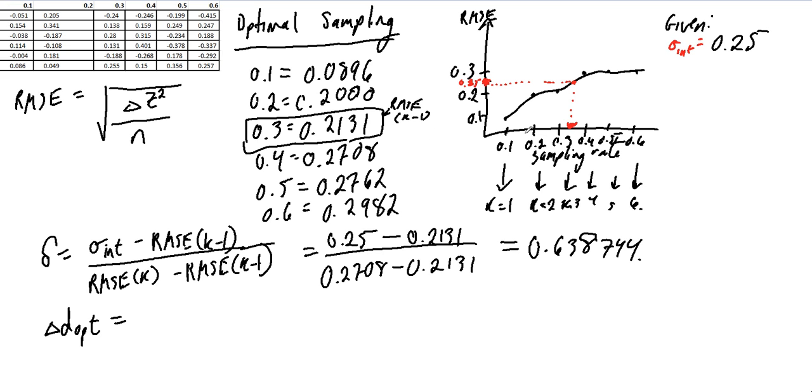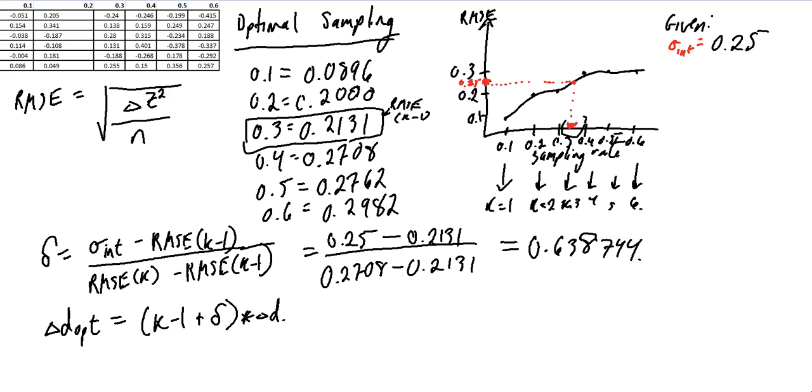Here I have my sampling rates. What is the value here? That is what this last part is calculating. To calculate my sigma d opt, we have my k minus 1, plus my delta value that I just calculated, and then we multiply that by delta d.